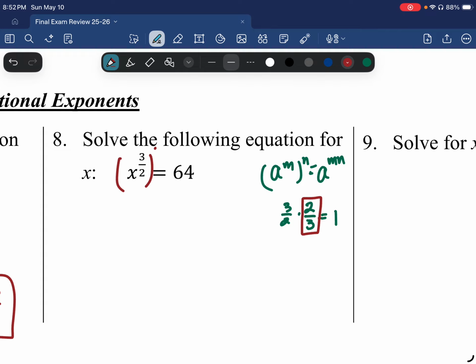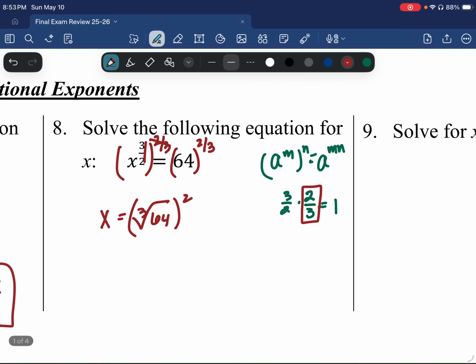So we're going to raise this side to the 2/3 power and then raise 64 to the 2/3 power. And we end up with x equals, and if we remember, the 2/3 power simply means the cube root of 64 squared. That's all that means. Now if we know that the cube root of 64 is 4, it's a perfect cube, this becomes a much simpler problem.